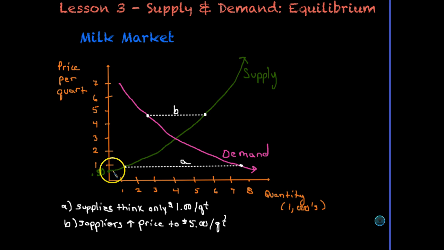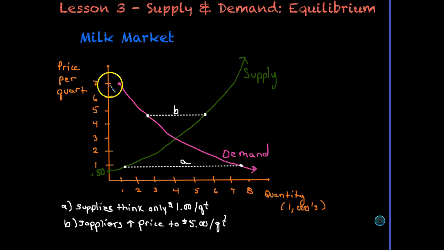So our supply curve would start here and then it would rise, and I have it rising in a curve. Now let's think about our demand curve. At 1,000 quarts, if we were to charge $7, that's all that somebody would be willing to buy, just 1,000 quarts, because $7 is quite a lot of money.